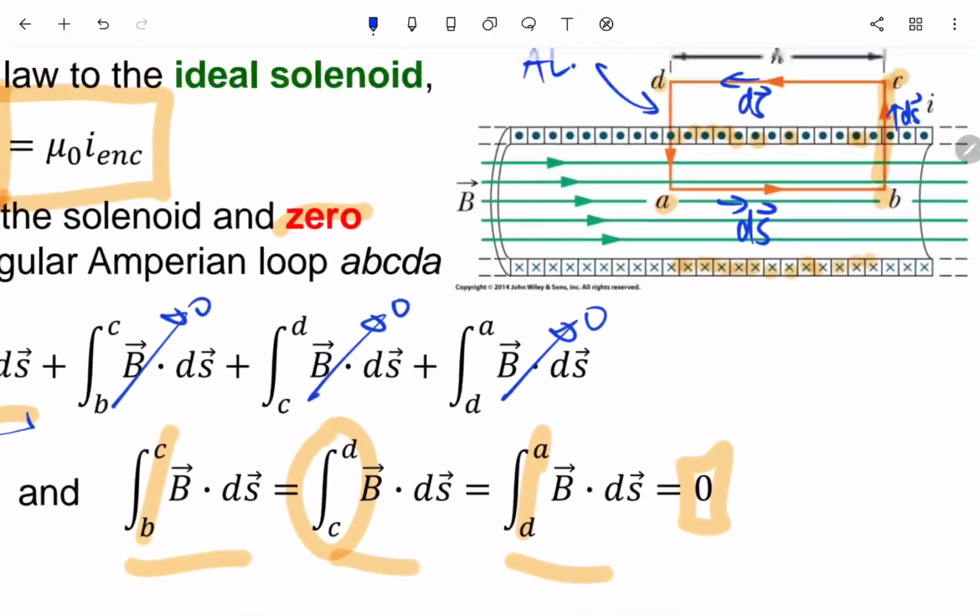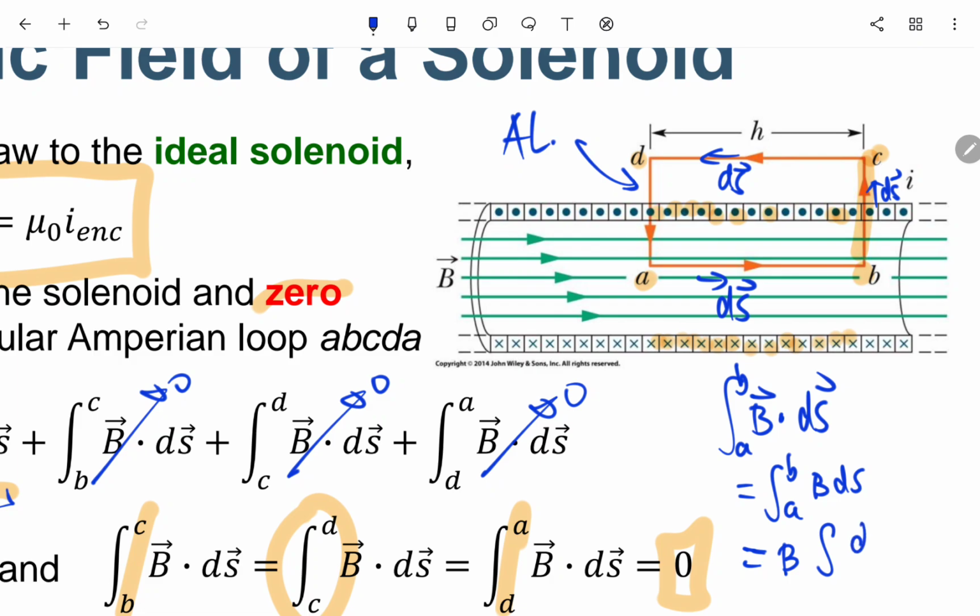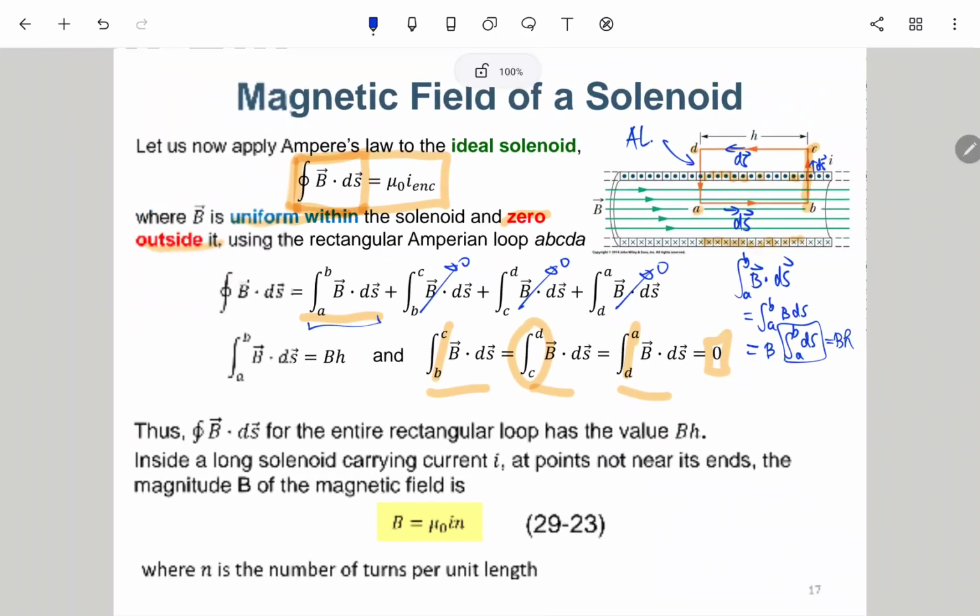So it becomes B times the integration of ds from A to B, which is nothing but the length of this line. From here to here, the length is h, so it is Bh.